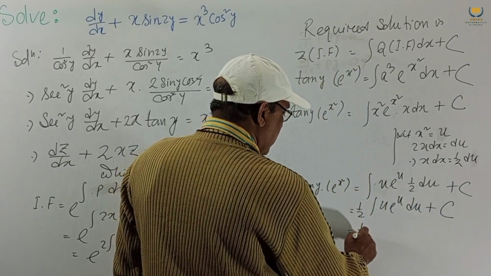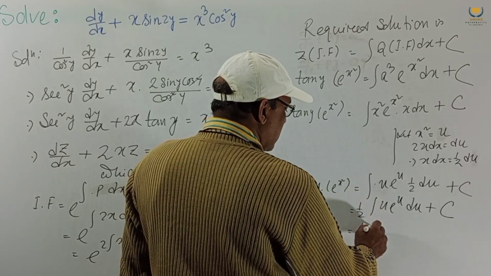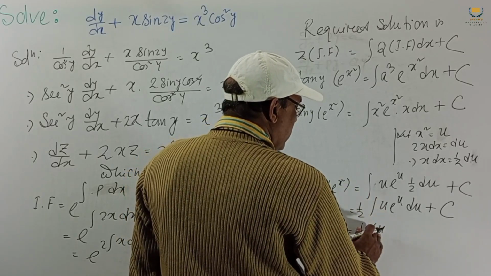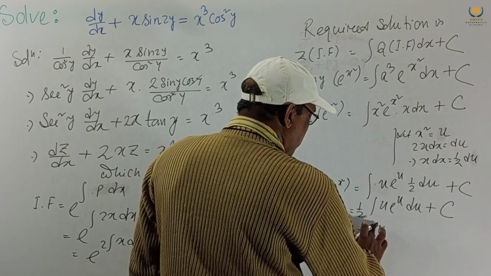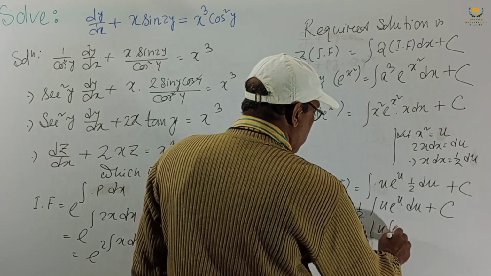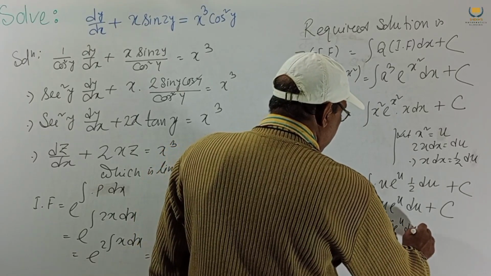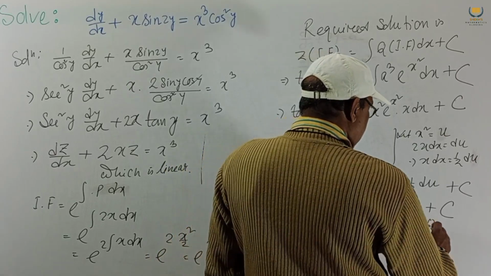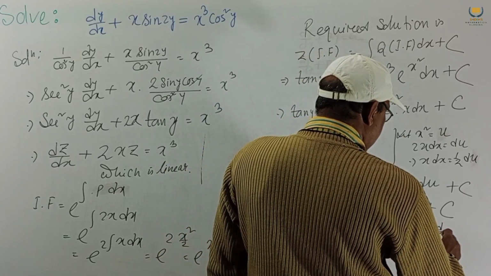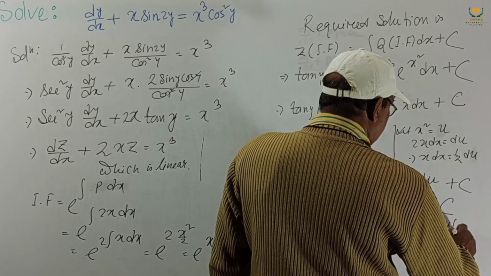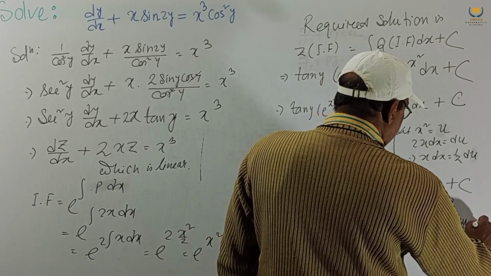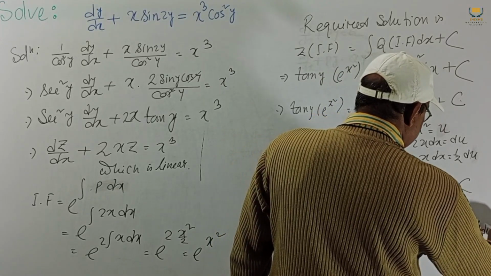If we take the integration by parts formula, we get u times integral of e to the power u du minus integral of derivative of u times integral of e to the power u du, plus c.